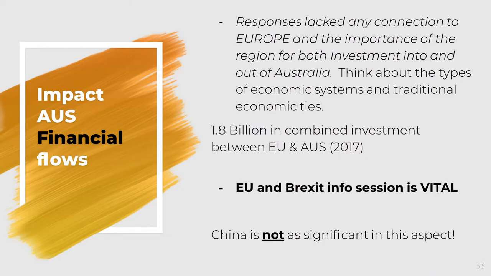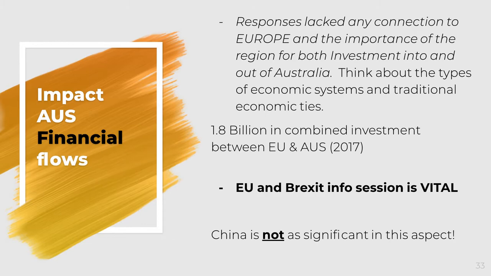So one of the things as I was reading was I felt like we were very China heavy. And I suppose that's in relation to the fact that I've talked a lot about China. You've probably read more about China than anywhere else. But we really lacked any connection to Europe.